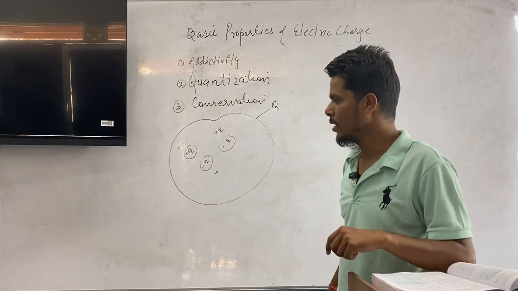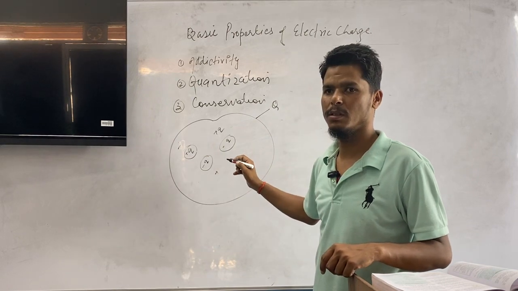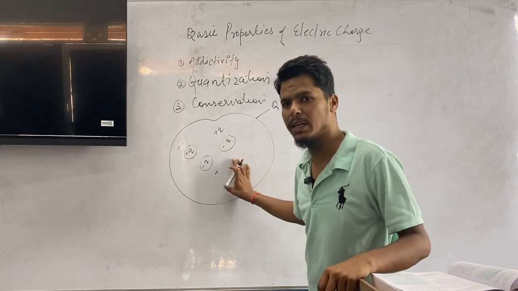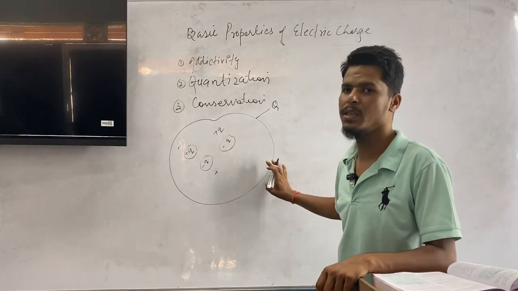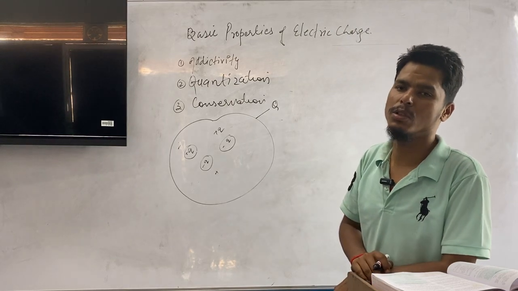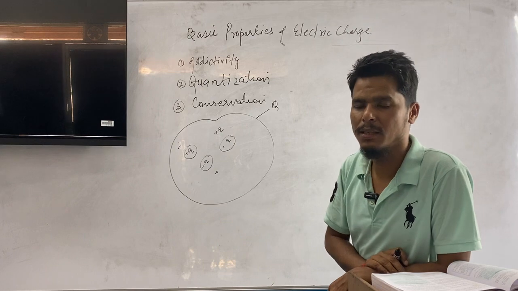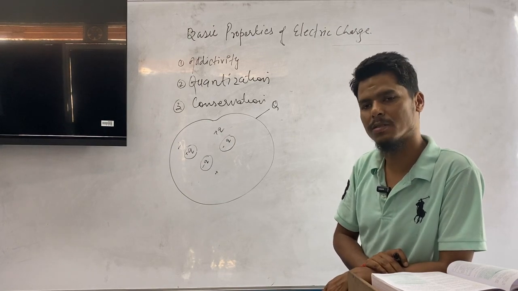You will see the total charge of an isolated body, it does not matter how many changes have happened inside it, remains constant. So this is the actual statement of this property. What did I say? The total charge of an isolated body remains constant.